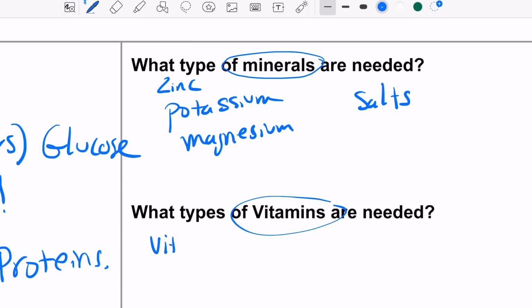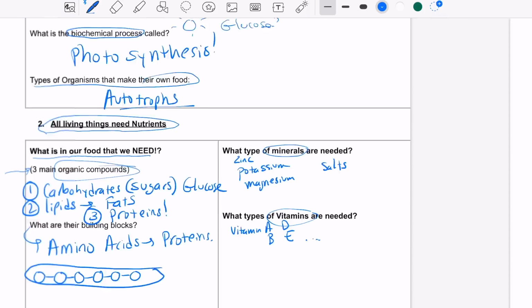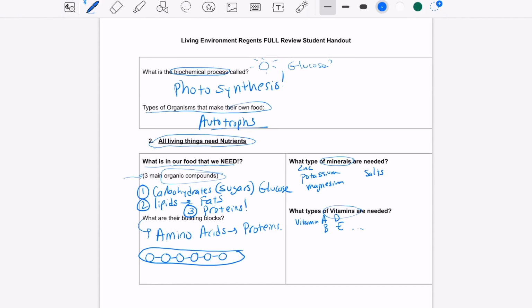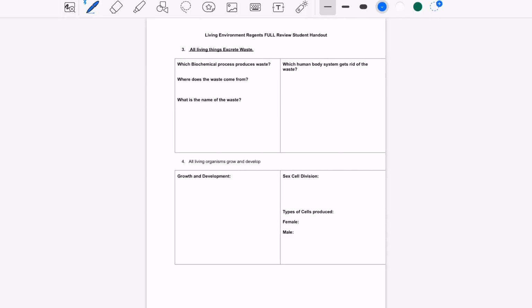Vitamin A, B, D, E, etc. So these are all the types of nutrients. Oh, and of course the main one, we need water. We need water. So these are all the different types of nutrients that we need to live, that all living things need.